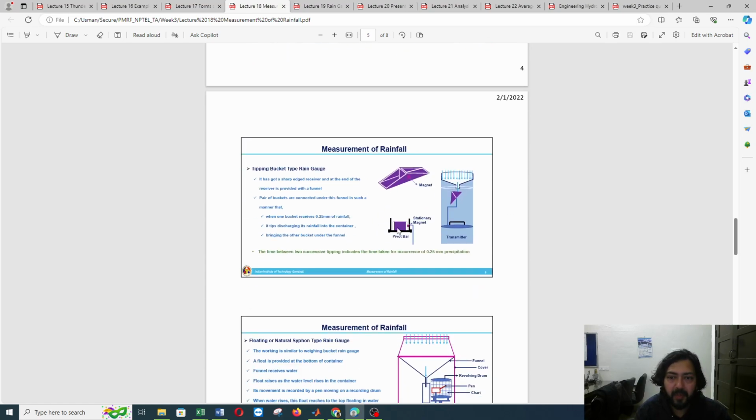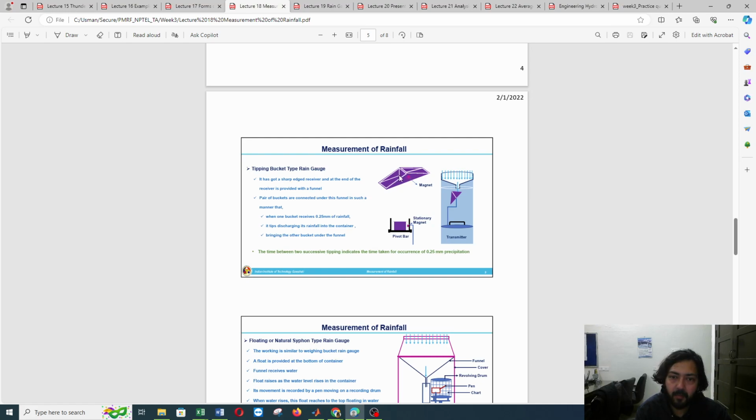In the tipping bucket, there is a combination of two buckets inside the arrangement. The rainfall will enter either of the buckets.